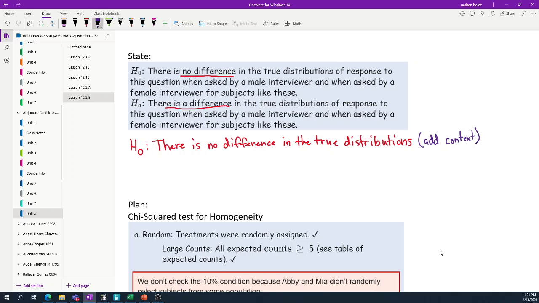There is no difference in the true distributions. Add the context. In the populations. And of course, for the populations, you also have to add context.